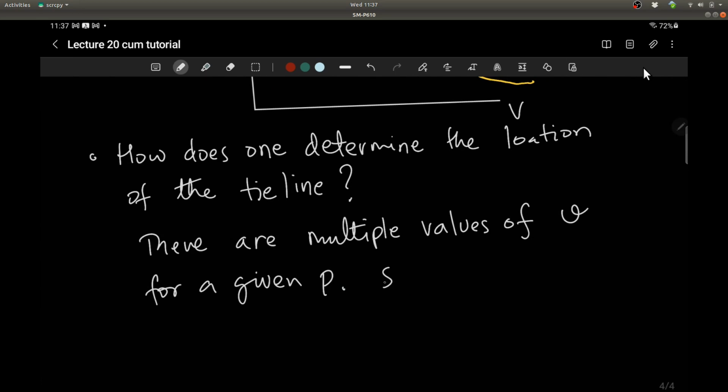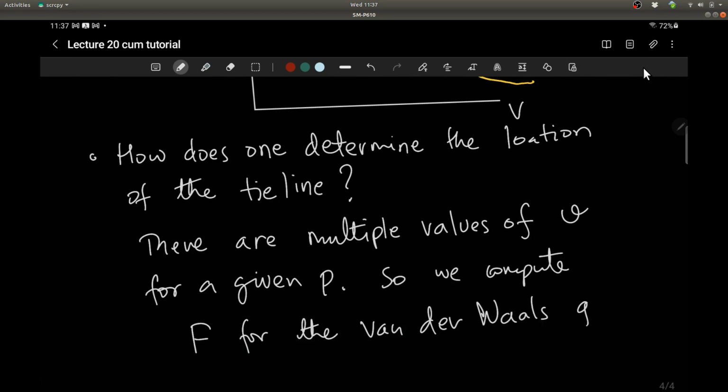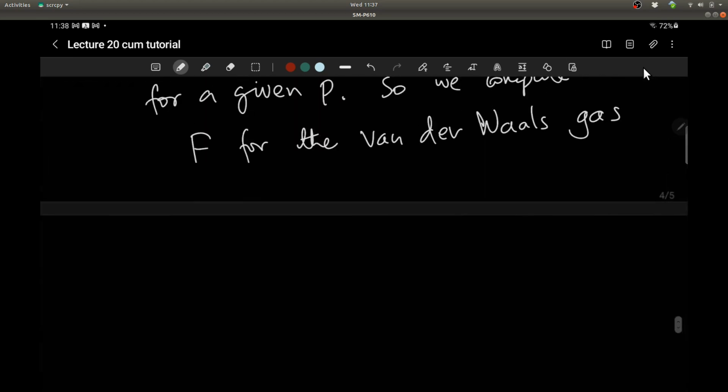So we computed F for the van der Waals gas. Now G, the Gibbs free energy, is a function of P, V, and T. I'll not write this because you'll see in a moment why.